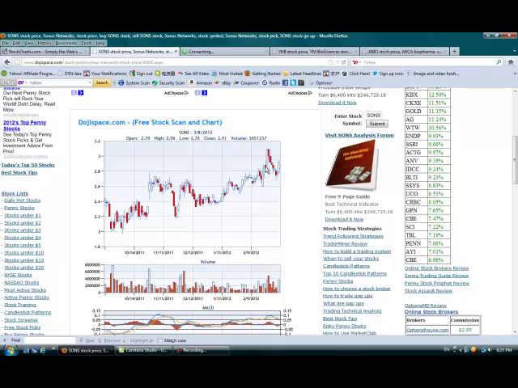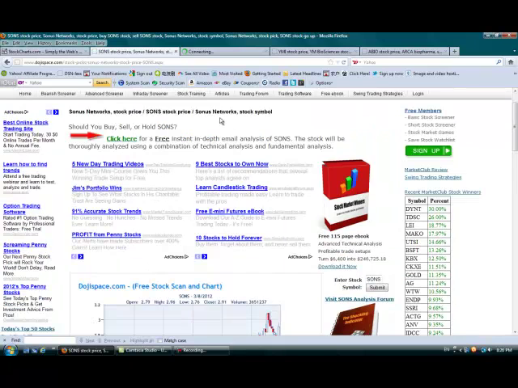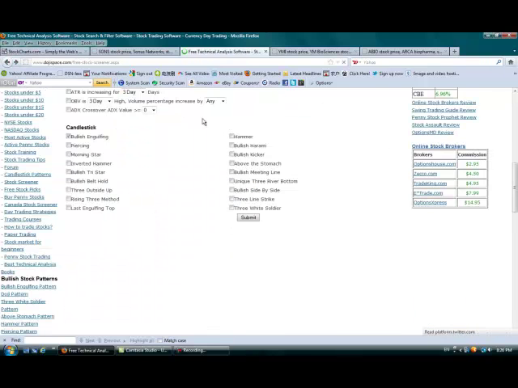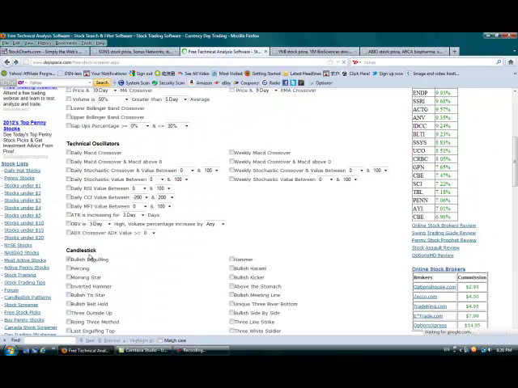However, if the next day it doesn't gap up, if it trades below the trend line, then we have to set a stop loss. But anyway, this is a tutorial about how you use the stock screener, not about stock trading in general. So let's get back here.